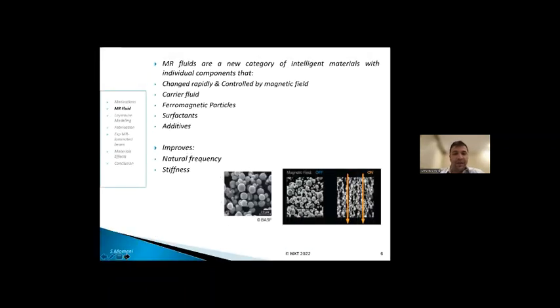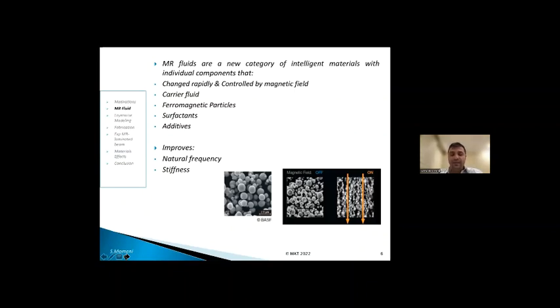In order to improve the natural frequencies of the structure, in my opinion, MR fluids are a very good candidate for doing this. MR fluids are a new category of intelligent materials with individual components.